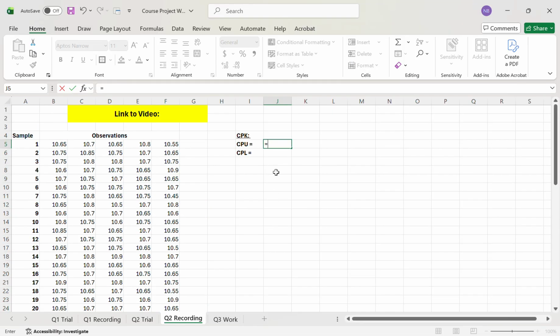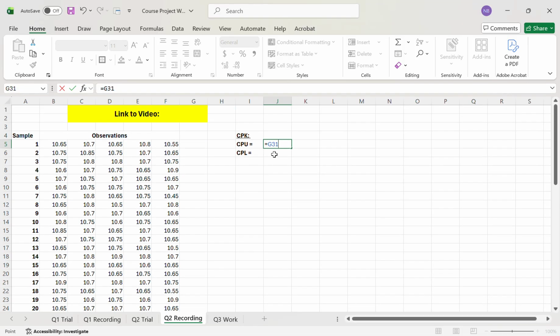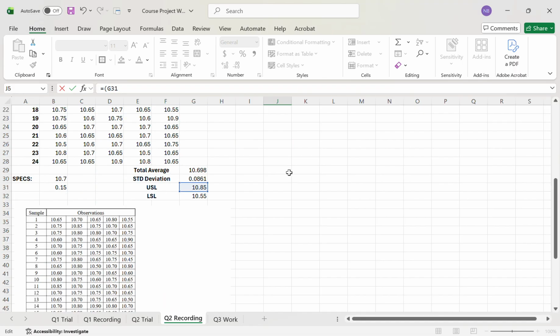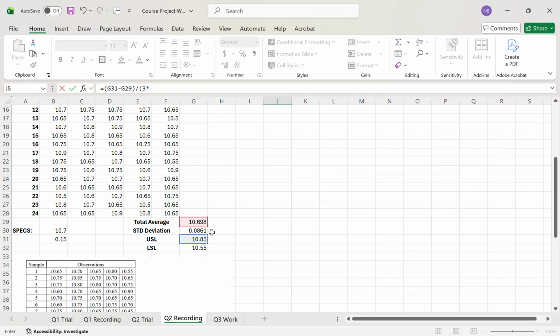Again, it's going to be our upper specification limit minus our average. And that's going to all be divided by 3 times our standard deviation.